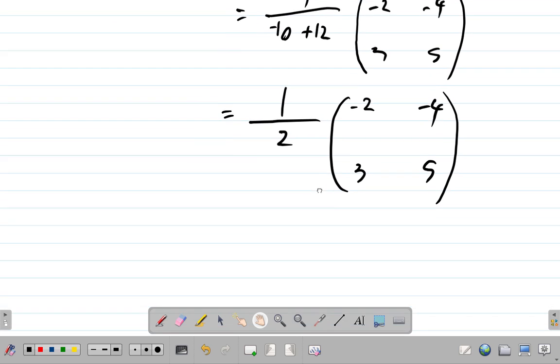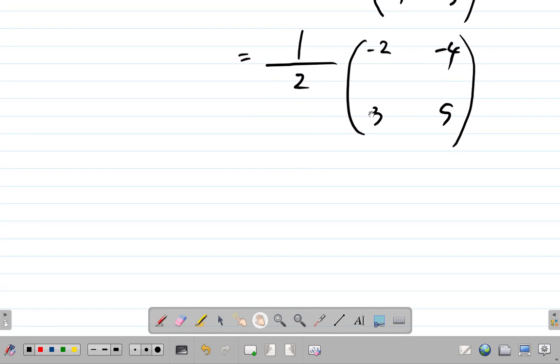Now you must multiply the half by the matrix. Remember, when you multiply a number by a matrix, each element in the matrix is multiplied by the number.